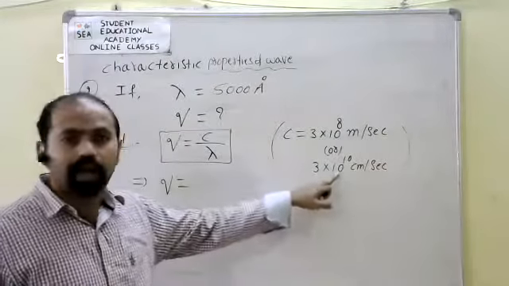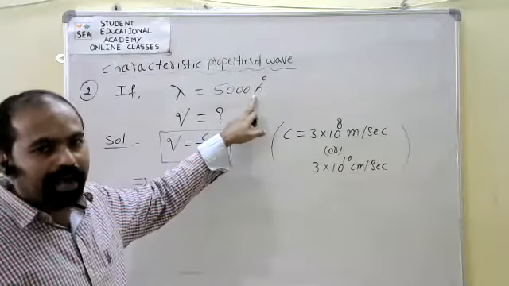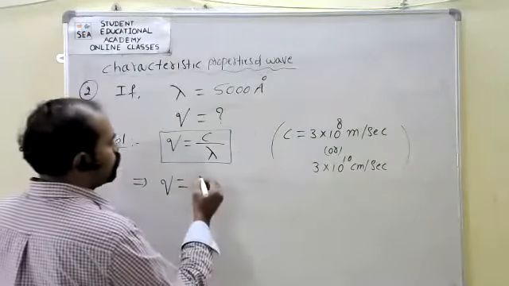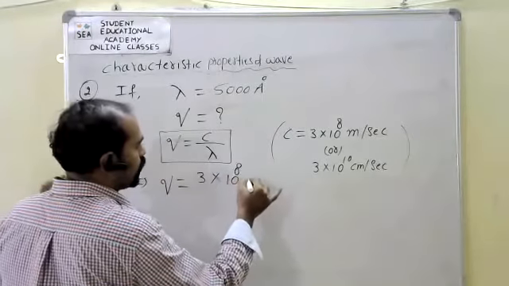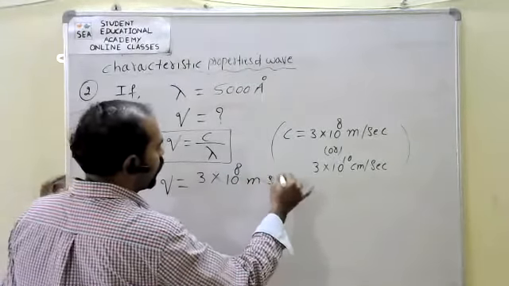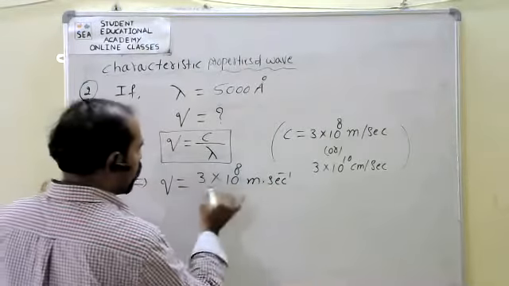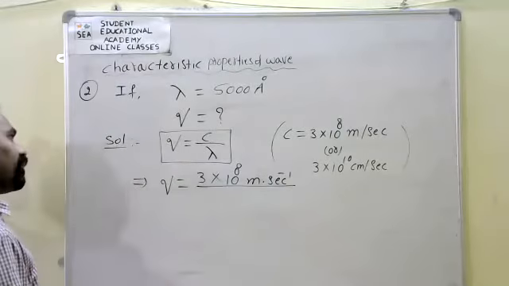If you take velocity of light in centimeters, the wavelength in angstroms is converted into centimeters. If I have taken the velocity of light 3 into 10 power 8 meter per second, that is nothing but meter into second inverse upon lambda. What are they given?